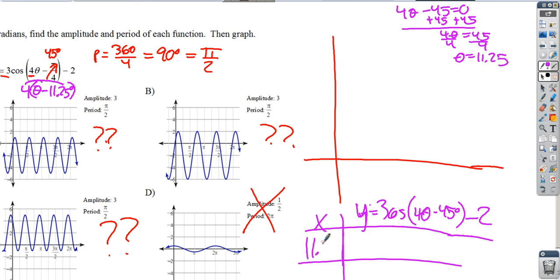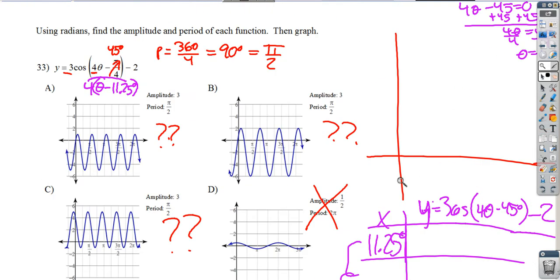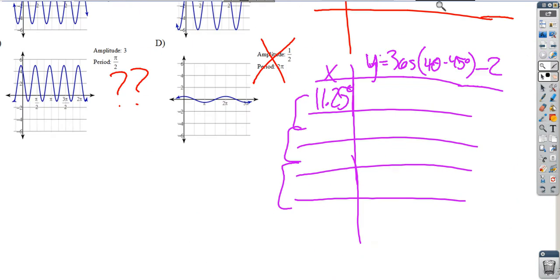Not the most convenient number because of the decimals, but it will work out when we plug it in. Okay, then the next question is how much do we go up each time? And by the way, we need 5 things in this table. We go the period divided by 4, and the period is 90. So 90 divided by 4 is 22.5 degrees. So that's how much we're going to increase each time.